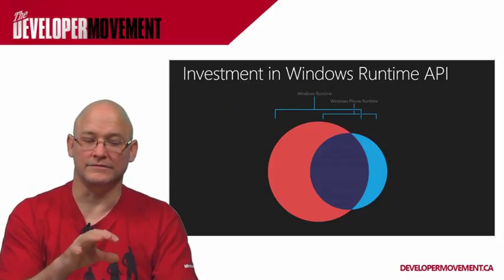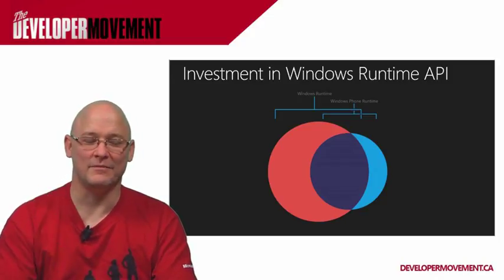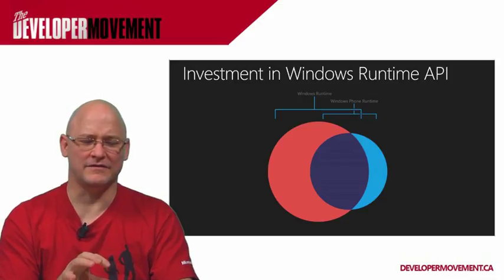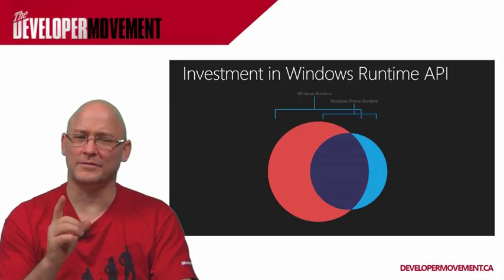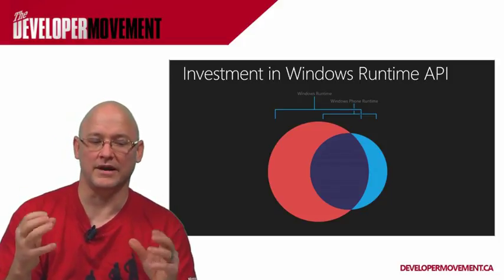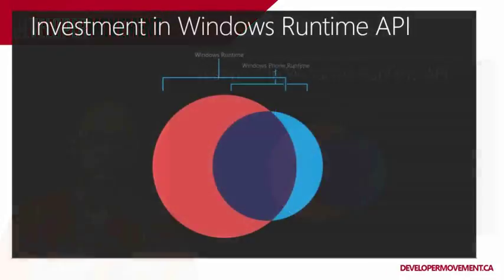If we were to look at this in a graph, this particular model, the name escapes me, but I think it's a Venn diagram. I'm not 100% sure, but you'll see that the Windows runtime is a huge API set, and there's a really huge crossover between the Windows runtime and the Windows Phone runtime.